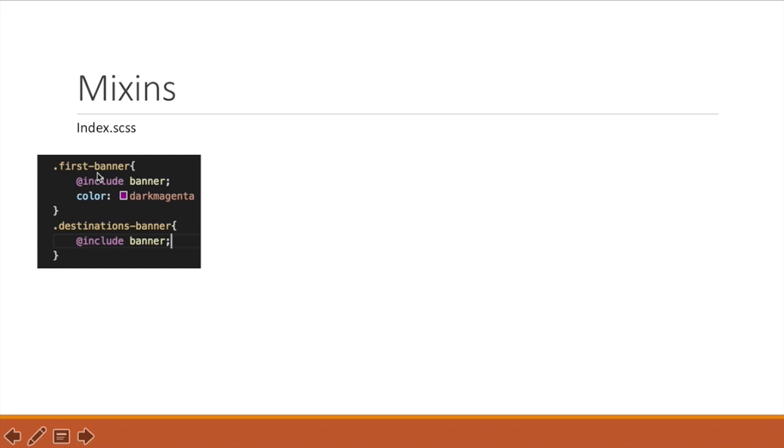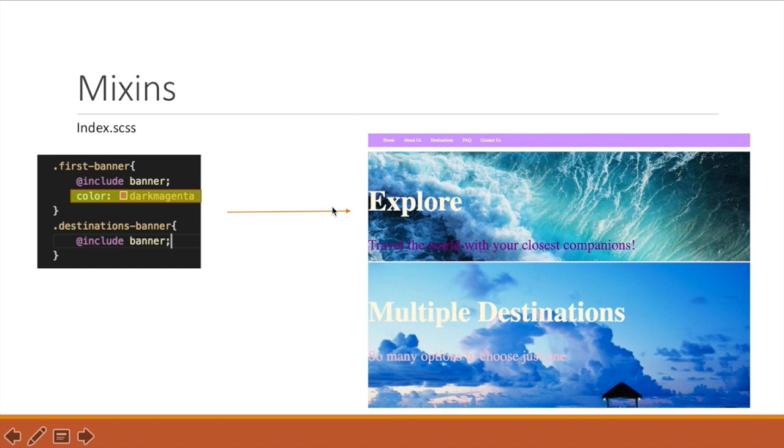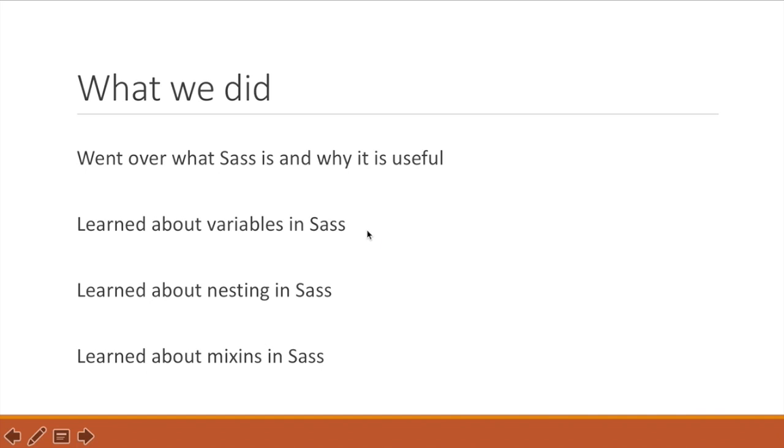I want my first banner and destinations banner to be pretty much the same, except the coloring of it. So when you get that and get this, as you can see, it's formatted all the same. Everything's the same. The only thing that's different is the color of this paragraph right here, which is super nice. You can add something, you can change something, it's great.